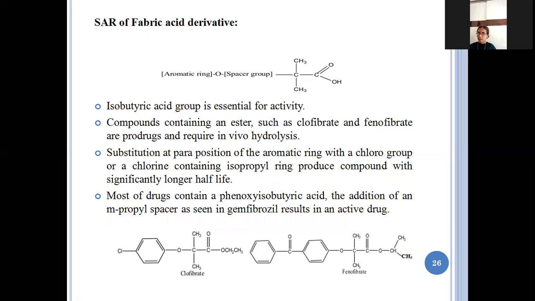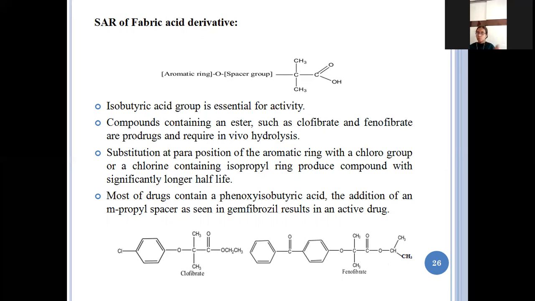If the substitution is done at the para position of the aromatic group with a chloro group or a chlorine-containing isopropyl ring, it produces a compound with a significantly longer half-life.